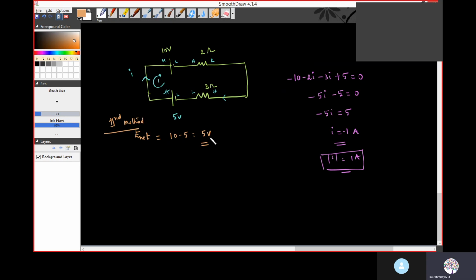Now the total resistance, R equivalent, is equal to 2 plus 3, that is equal to 5 ohm. So I is equal to E net by R equivalent, that is equal to 5 by 5, that is equal to 1 ampere. Like this also you can solve. This is based on loop law, calculating the E net and R net, and I is equal to E net by R equivalent. Anyway, you can solve the problem.